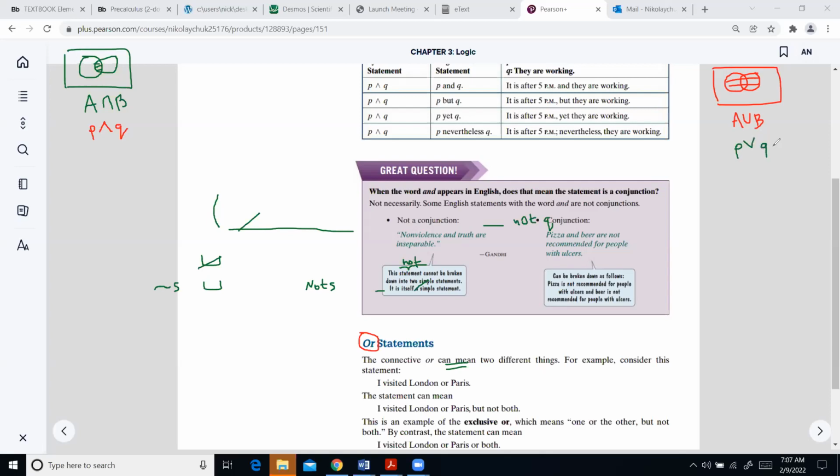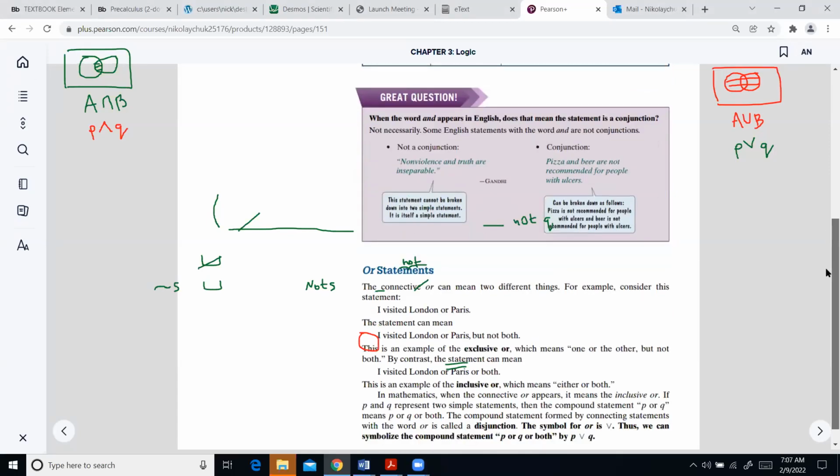So one should be familiar with the words disjunction and conjunction. In fact, they're spelling it out here on the bottom of the page. So the analog of and is an intersection, and the analog of or is a union.